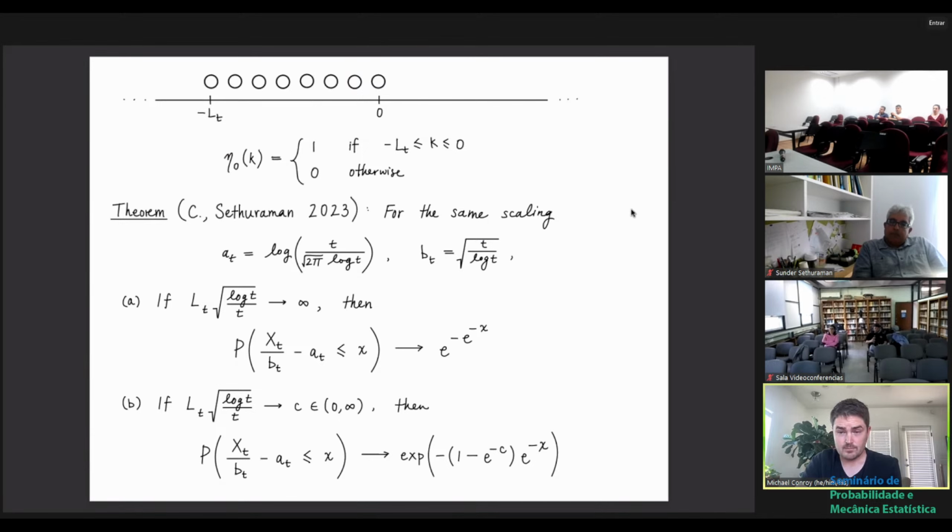Our result is that with the same scaling as in both the independent particle case and the exclusion case with the full step, a particle at every non-positive integer, if L is diverging faster than square root of t over square root of log t, then we get the exact same limit.